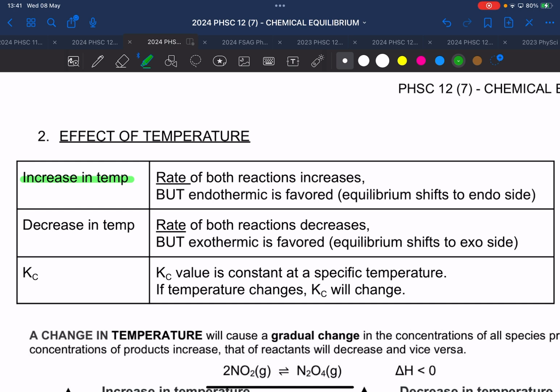If we increase the temperature of our reaction mixture, you think of exothermic, because if there's heat, you think exothermic. The exothermic reaction will be happy because there's more heat.